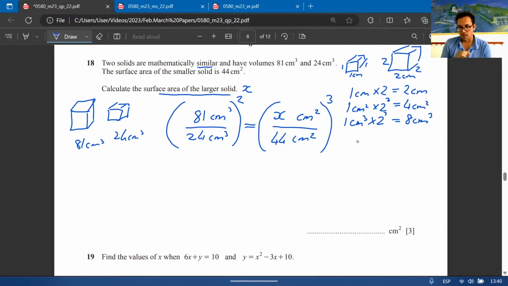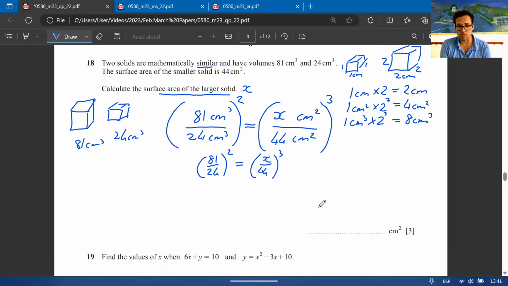Okay. So we can write this more simply as 81 over 24 squared equals x over 44 cubed. We now need to solve for x.